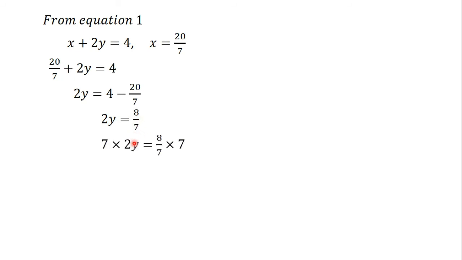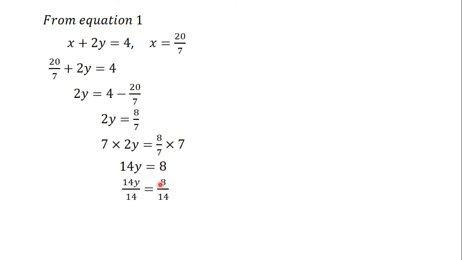We divide both sides by 2, or you multiply by 7. It's also the same thing. If you multiply by 7, it means that you are going to multiply the other side by 7 as well. So 7 times 2y is equal to 8 over 7 times 7. 7 will cancel 7. 7 times 2y will give us 14y. 7 cancels 7 to give us 1. 8 times 1 will give us 8.